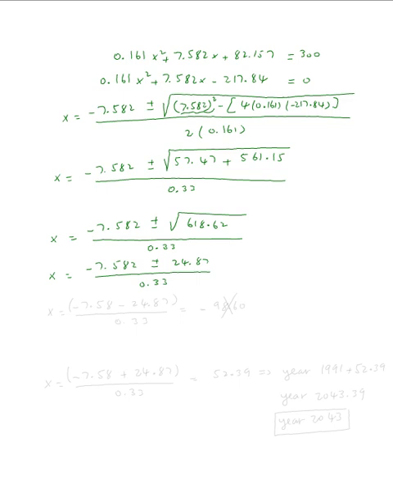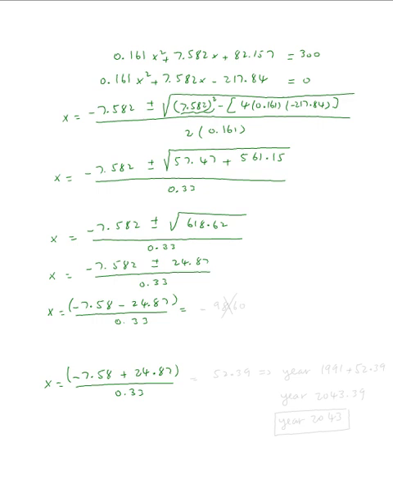Now we're going to get two x's. One x is equal to negative 7.582 minus 24.87 over 0.33, and the other x is the plus one, negative 7.582 plus 24.87 over 0.33. Use the parentheses if you're going to use a calculator.